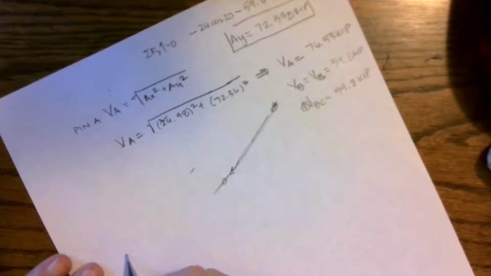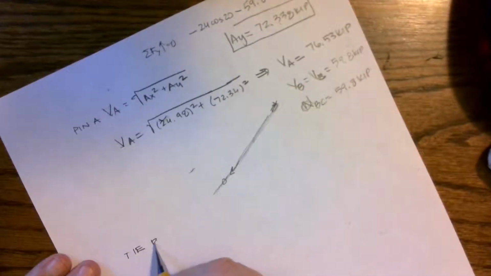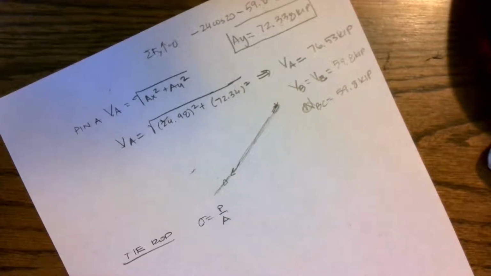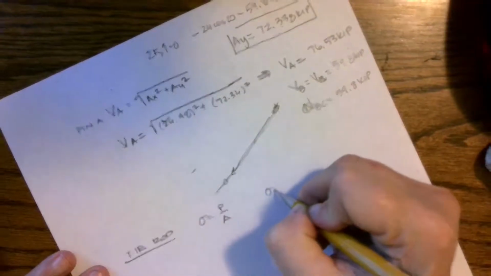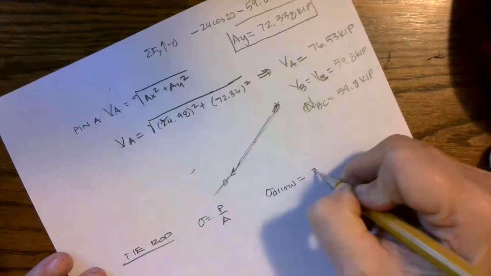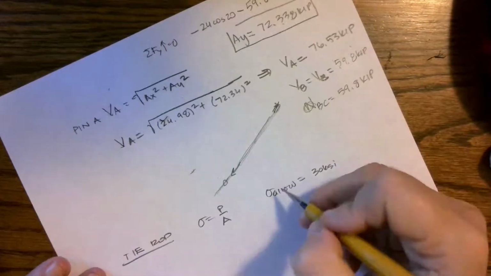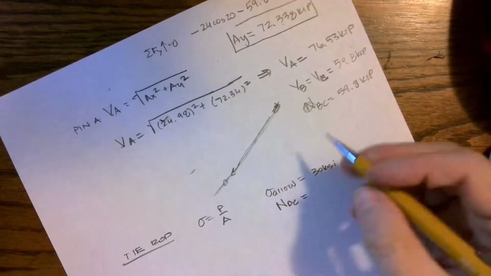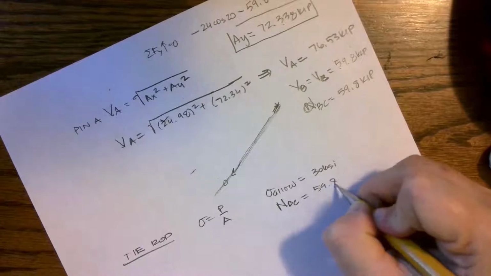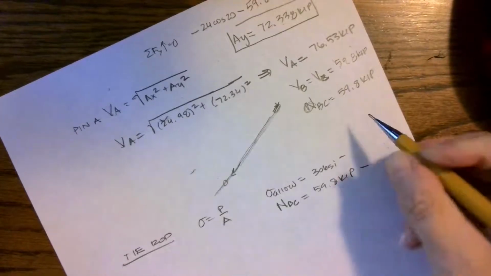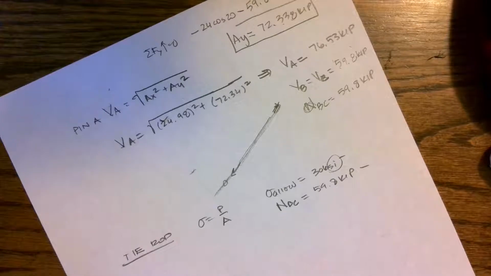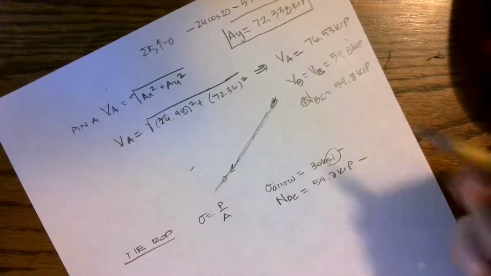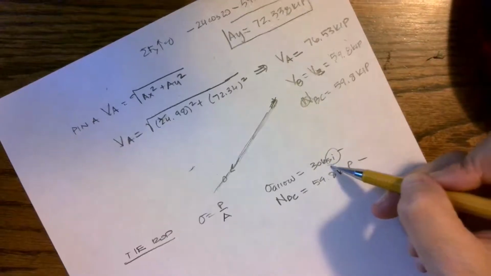So let's look at our tie rod. Okay, stress equals P over A. And we were allowed, based on the front page, 30 KSI. I also know that the normal force that's acting through that is 59.8 kips. And if I keep up with my units, I can easily see how to get the cross-sectional area in inches squared out of that if I don't remember how to set up the equation. I have kips, I have kip per inch squared.